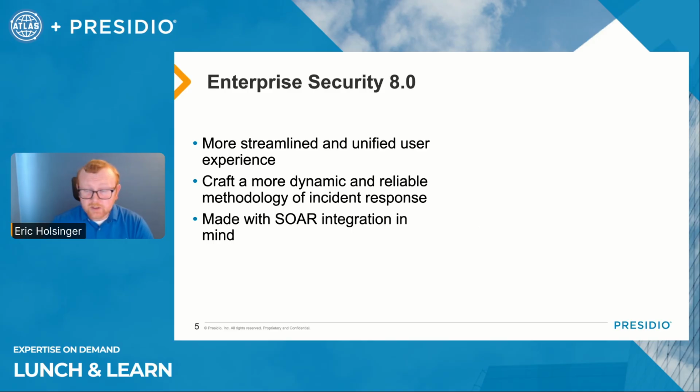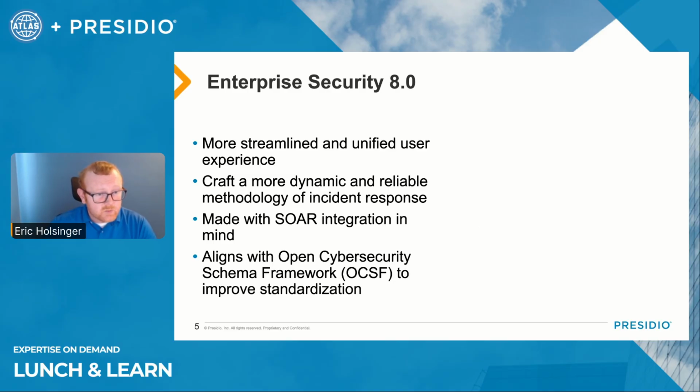It is made with SOAR integration in mind, which we will discuss in a little bit, but that is basically automated responses. And then it aligns with the open cybersecurity schema framework to improve standardization. So if you're working with other tools that use that OCSF, the new Enterprise Security 8 will also prescribe to that, to make things a little bit more standard across different tools.